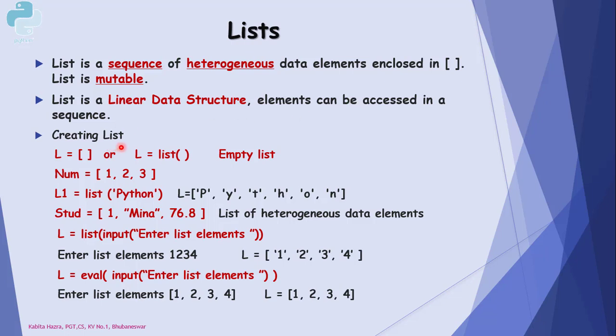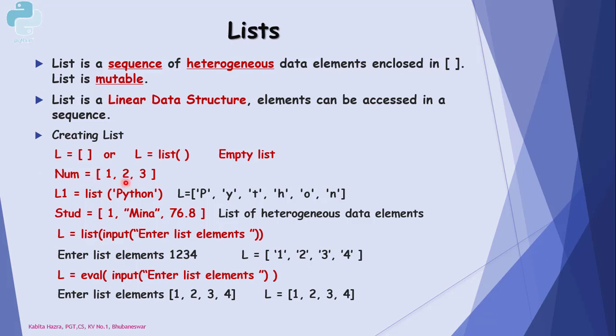A list can be created in different ways. An empty list can be created just by assigning a pair of square brackets or using the constructor method list. Similarly, we can create any list by enclosing any number of items or elements within a pair of square brackets, as we have created here.